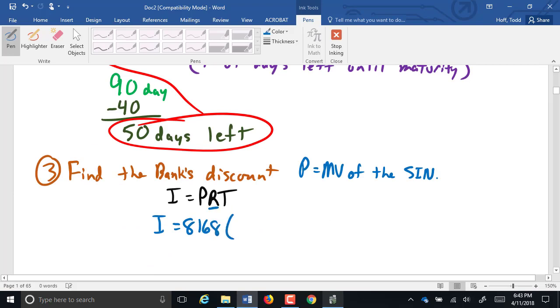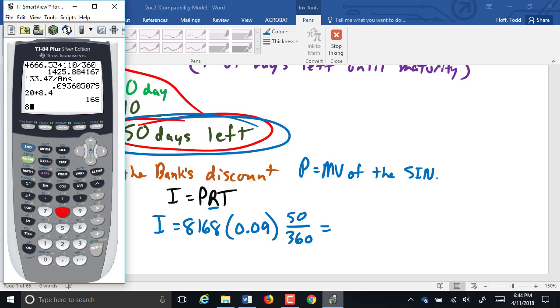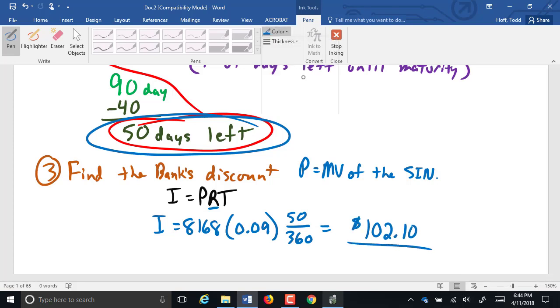The rate is the bank's discount rate. We said that was 9%. And our time is the discount period. Yeah, 50 days, so 50 over 360. 8168 times 0.09 times 50 over 360 is $102.10. That's the bank's discount.